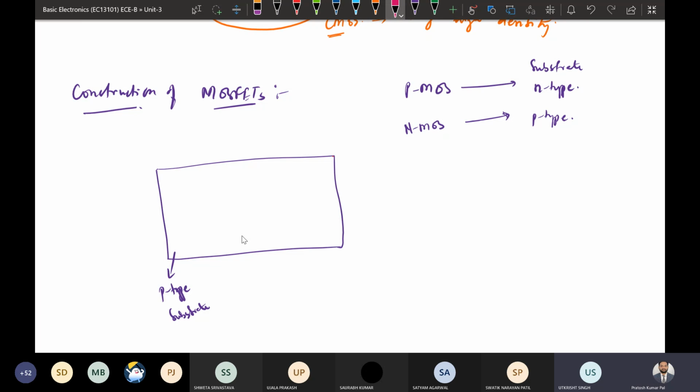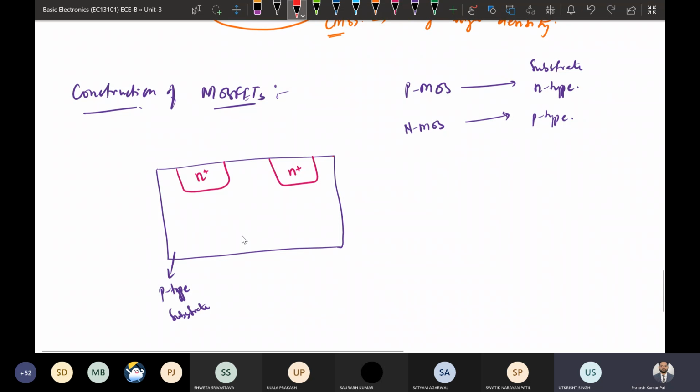This is your substrate, and on it we will have two regions, one for source and drain. This is a P type substrate, so the opposite, N type, will be there, but highly doped. These highly doped N type regions will be used for the source and the drain region.